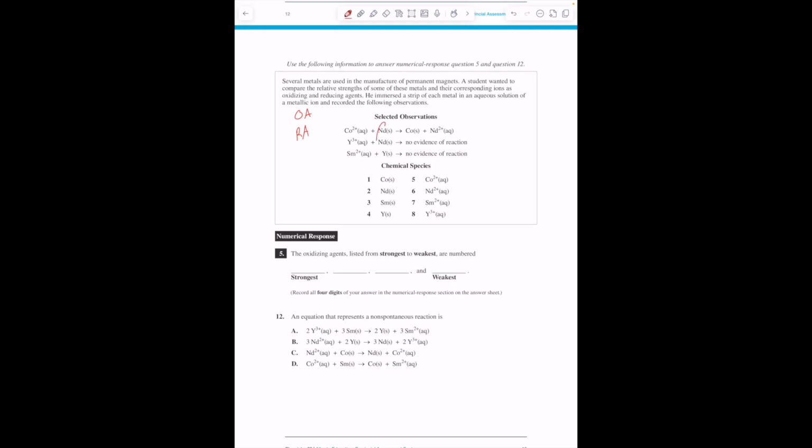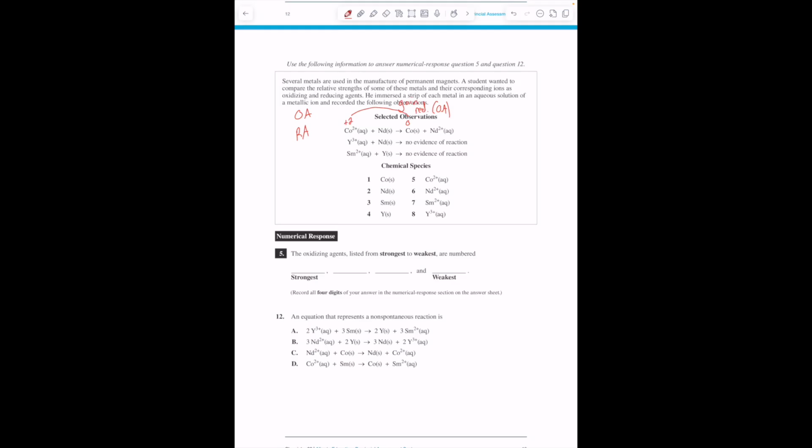Metal elements, because it says these are metals, are RAs. And metal ions are usually OAs. But we can always just double check by assigning oxidation numbers. That's a +2, that's a 0. If the number goes down, that means we gained electrons. That's reduced, therefore, oxidizing agent.